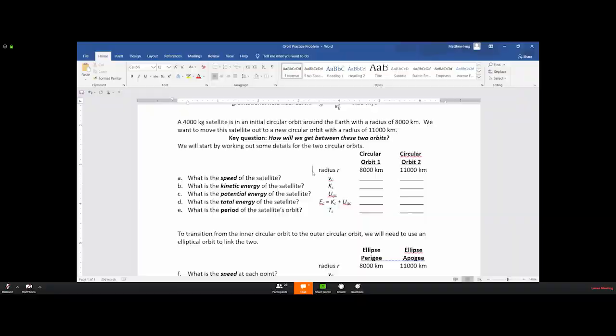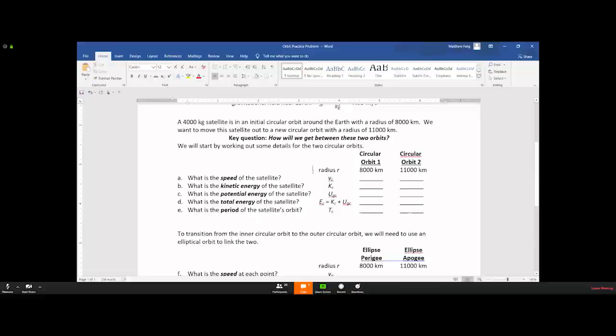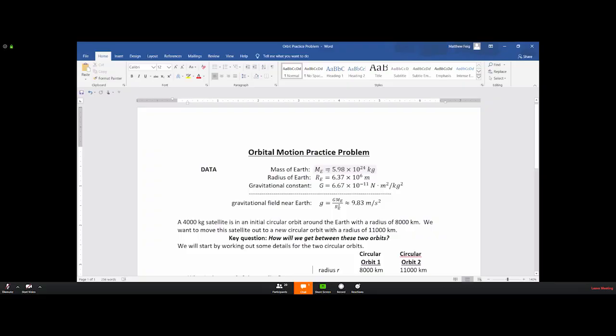To be clear, you only need to know one piece of information if you know the object that you're orbiting. If you know information like capital M of the object being orbited, then you only need one piece.